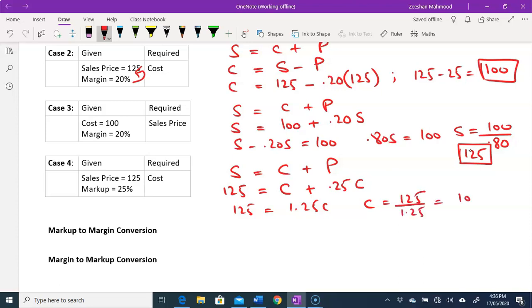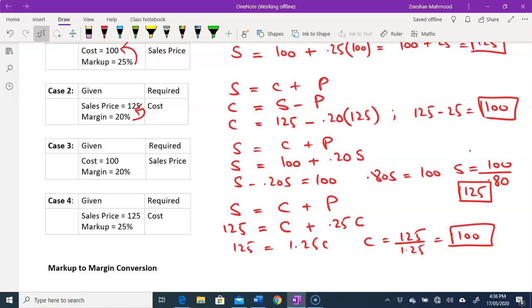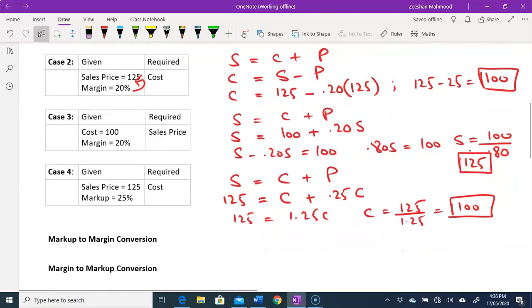and that equals 100. So you see, I have applied this equation and the concept of markup and margin to 4 different cases. Now in the exam, your question could be as simple as case 1 and case 2, where we are straight away applying the percentages to the amounts, or it could be as complex as case 3 and 4, where you are given margin but not the sales price, and you're given markup but not the cost.